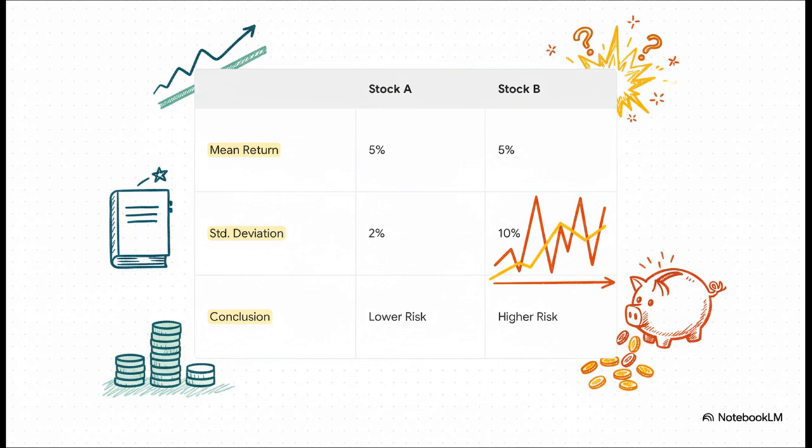Totally different. Stock A has a low standard deviation of 2%. It's a consistent, reliable investment. That's our Group A. But Stock B has a standard deviation of 10%. In finance, they call that volatility. It's unpredictable and risky, just like our Group B. An investor who wants a safe retirement is going to pick Stock A every time. But a day trader willing to risk it all for a huge payout, they might go for Stock B. They're using this exact same math to measure risk.